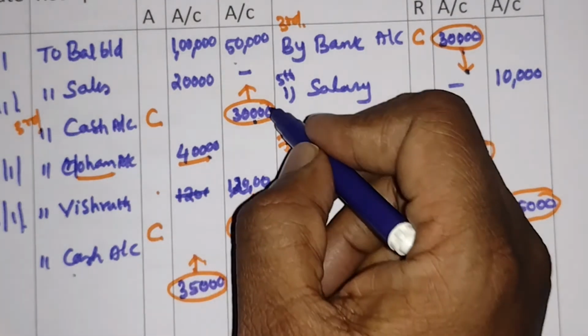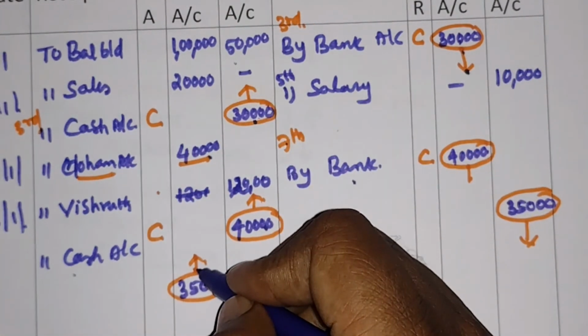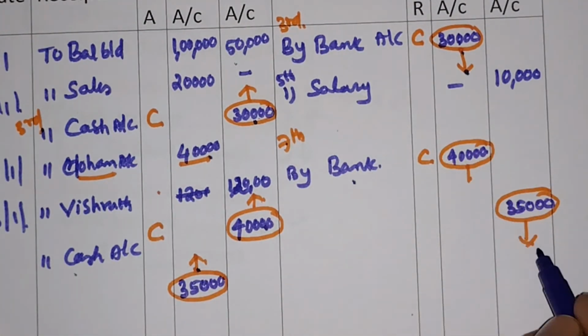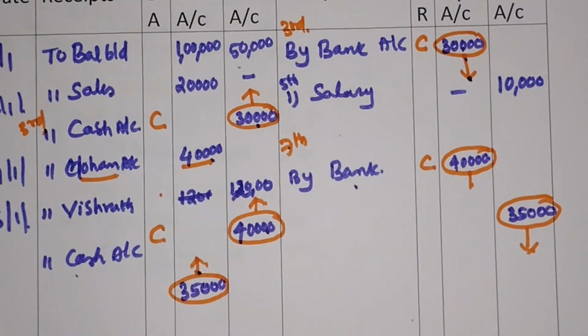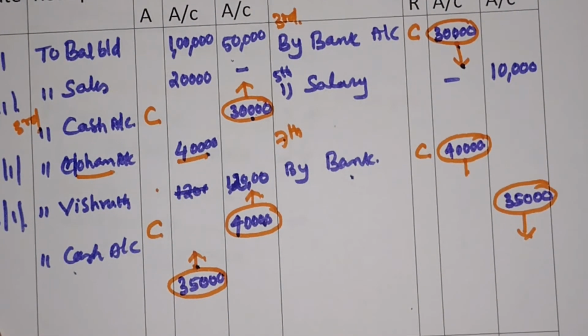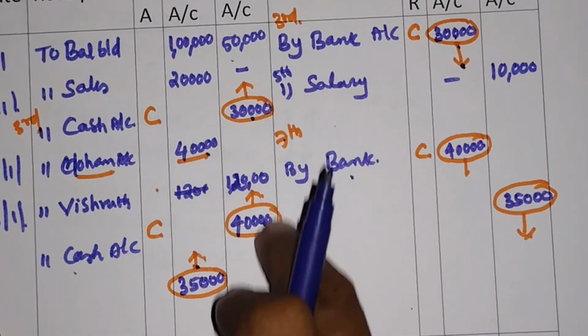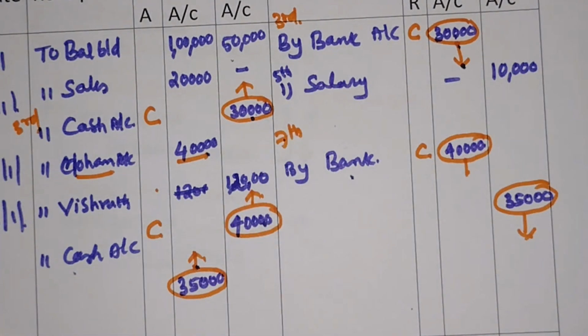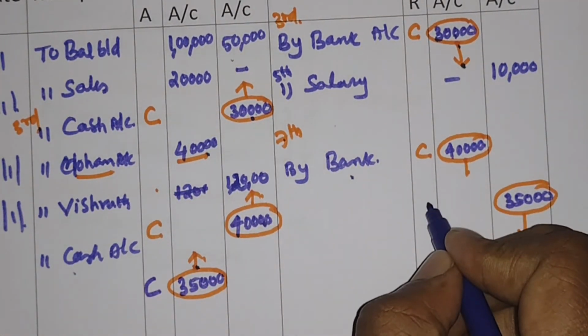See, the debit side will always increase and the credit side always decreases, because credit is what goes out and debit is what comes in. Now again this is a contra entry.